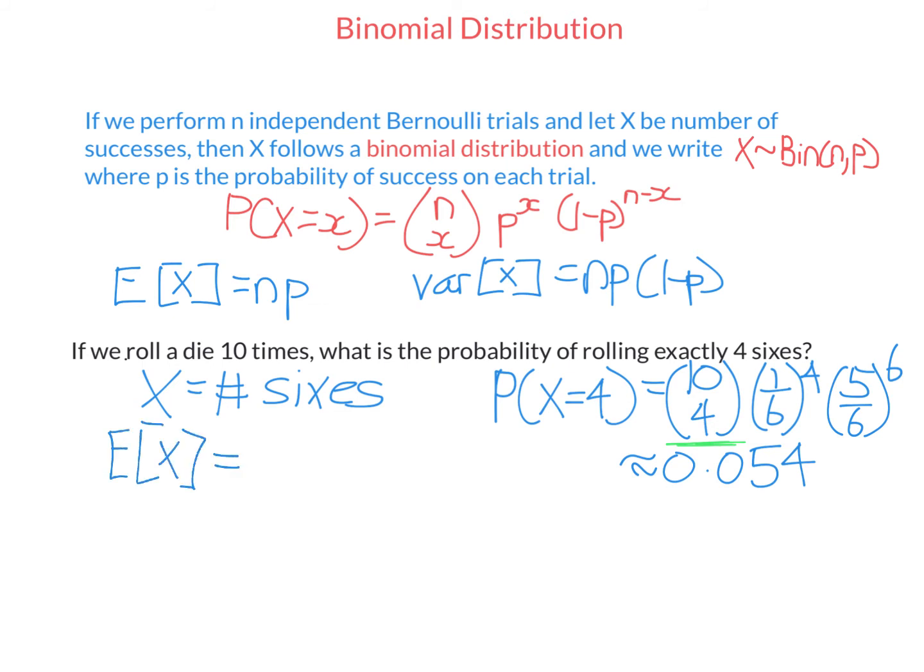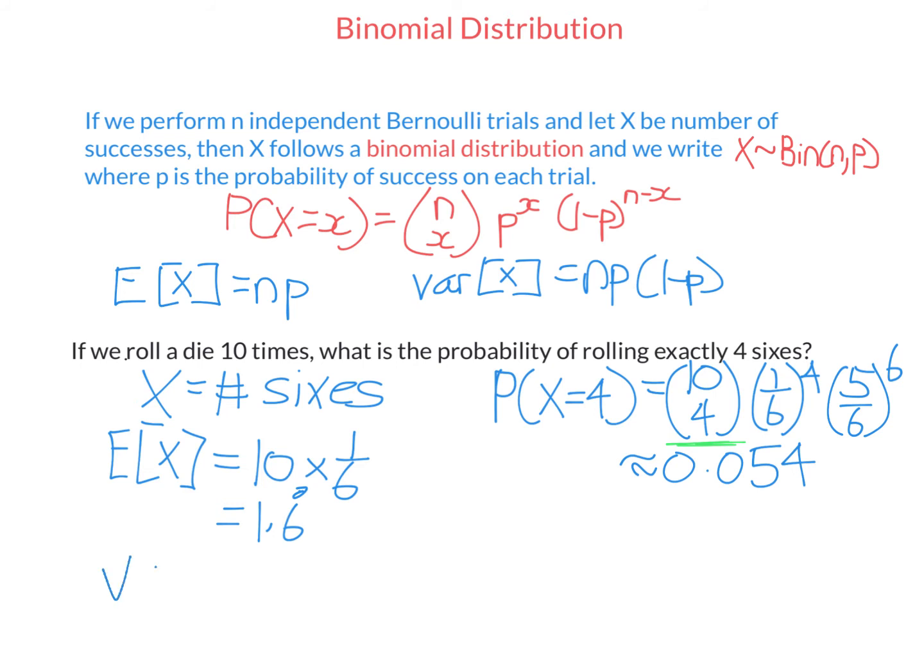It's the number of trials, 10, times the probability of success on each trial. I expect I will get a 6 on 1/6 of the trials. So here the expected value of X, 10 times a sixth, is actually 1 2/3. It's not a whole number. Again, this isn't actually possible, but that doesn't matter.